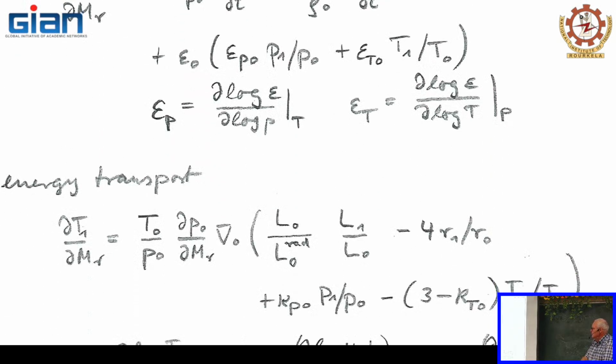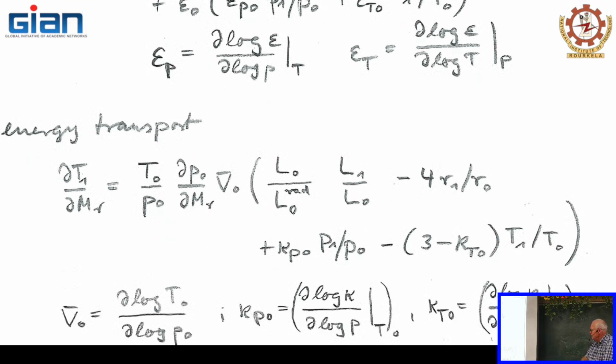Well, energy transport, that's the most complicated version of this equation. We have on the left-hand side to linearize the temperature gradient. On the right-hand side, we have one term. This is essentially the diffusion coefficient.